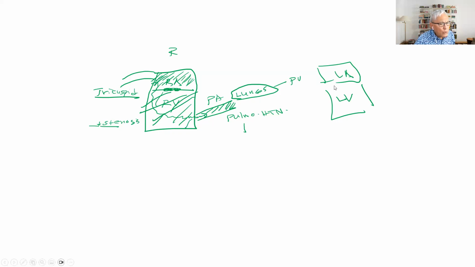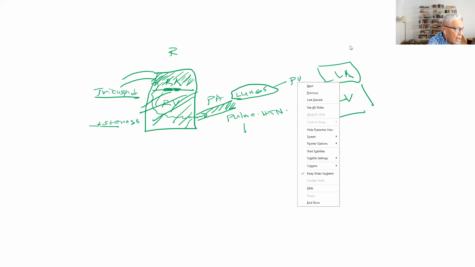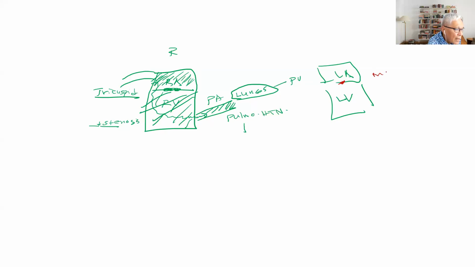So let's go now to the left side to see what are the common things that cause left-sided heart failure. Okay, so if you have, again, a situation here, the left atrium and the left ventricle are separated by the mitral valve. Let's say that the mitral valve is diseased, similar to the right side. So you will have a lot of congestion right over here, and therefore you will have left-sided heart failure.